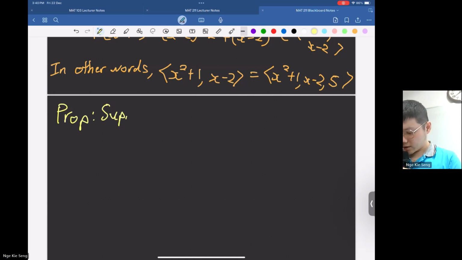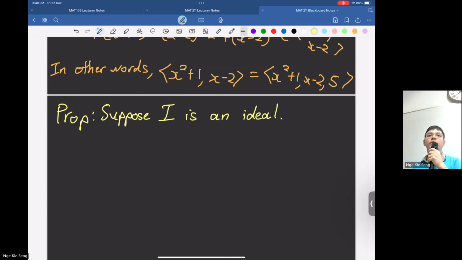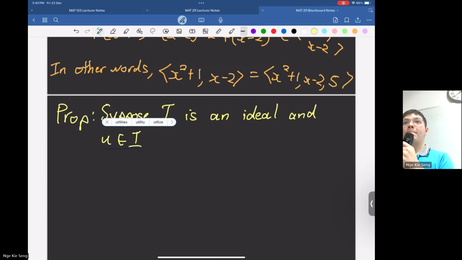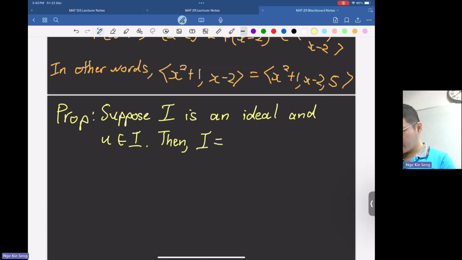Suppose I is an ideal, and u is an element of I. Then I should be equal to the ideal generated by I and u. Okay, so this is the statement.